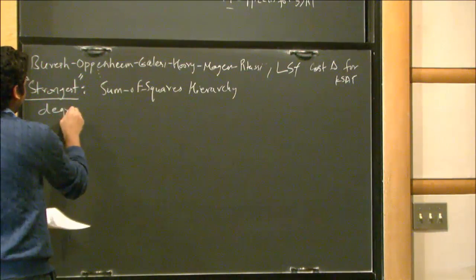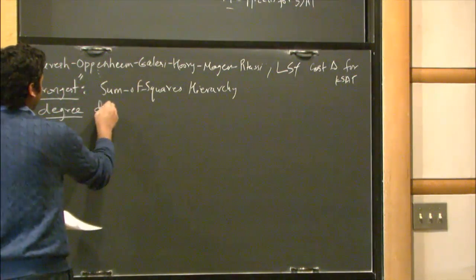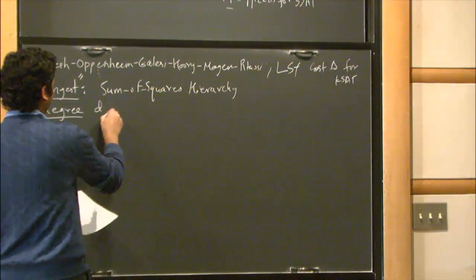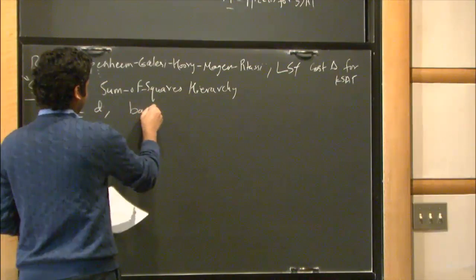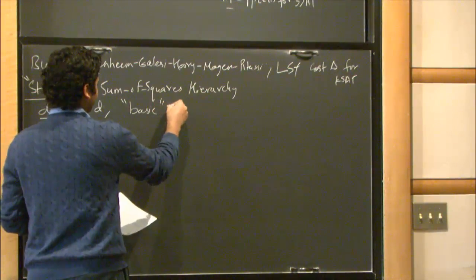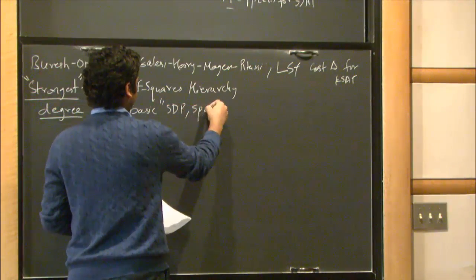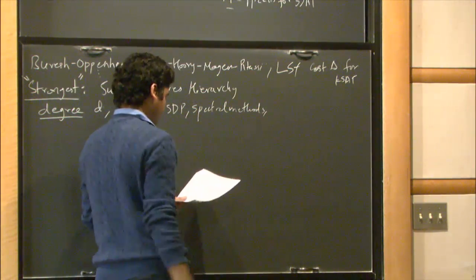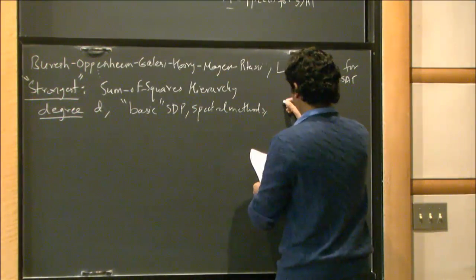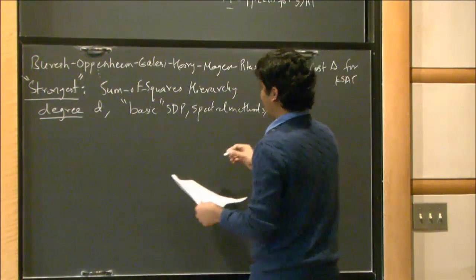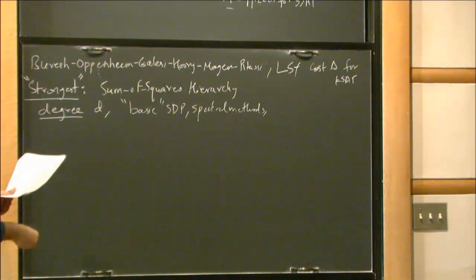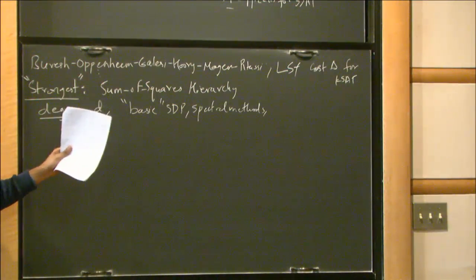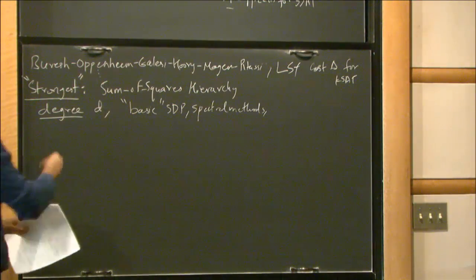It captures what we call the basic SDP spectral methods, at least the spectral methods on natural matrices. And the reason I want to care about this today is because it has been especially successful in solving average case problems in the past few years.